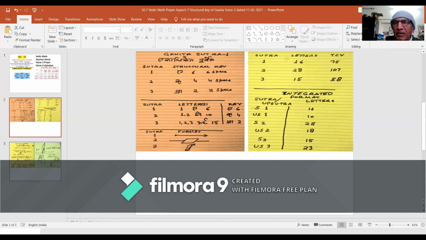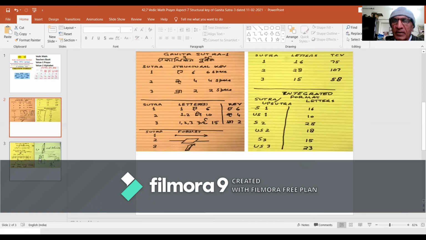The mathematical domain of Ganita Sutra 1, together with the upsutra, provides us a smooth transition to the mathematical domain of Ganita Sutra 2.